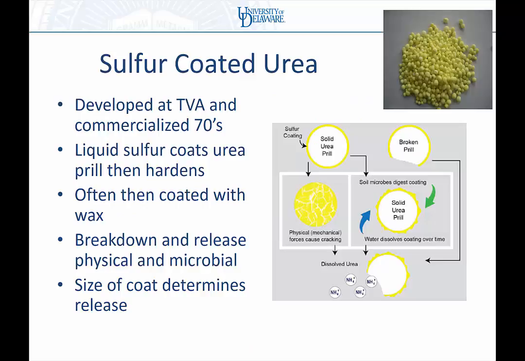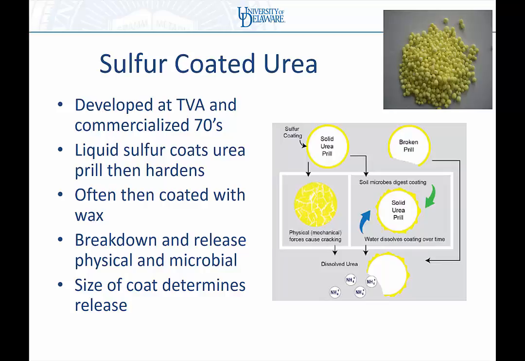So one of the older technologies that's still being sold is sulfur-coated urea. Molten sulfur is sprayed as a coating, or on or in a drum with your urea, so that it coats our urea in multiple layers of sulfur. Then these sometimes have a wax layer put on top of that.